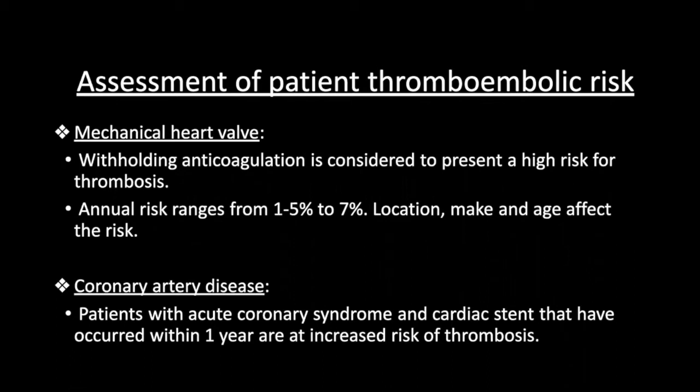And for patients with mechanical valves, you would want to think whether you're going to withhold anticoagulation for them, because withholding it puts them at a high risk of thrombosis. And for patients who have acute coronary syndrome, in addition to a cardiac stent, if this was within 1 year, then they have a high risk of thrombosis.